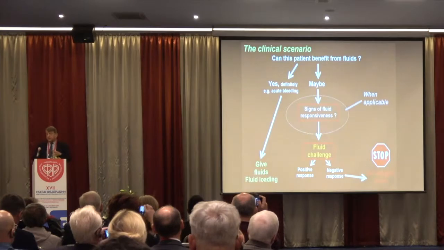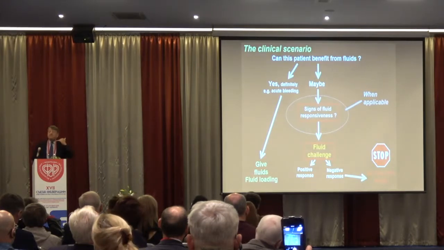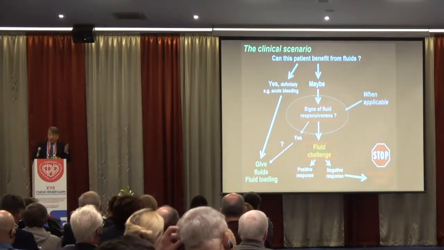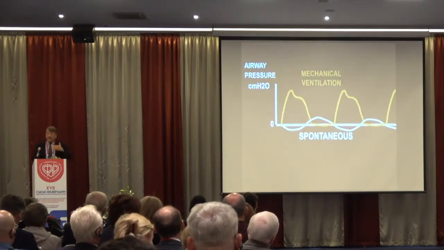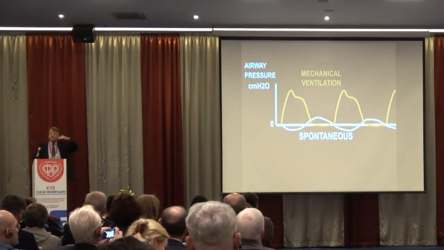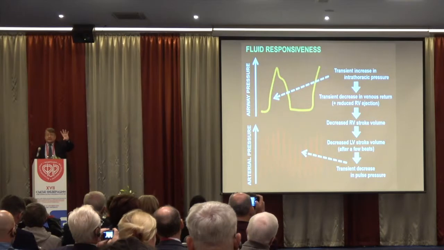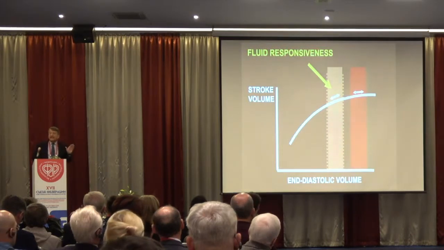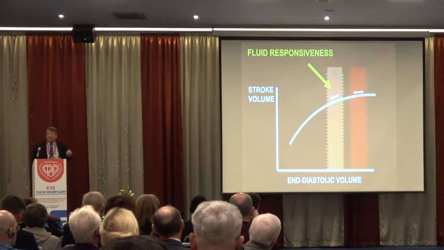You may use, in some cases, signs of fluid responsiveness before you start any fluid challenge, when it's applicable, and that is primarily in patients who are mechanically ventilated, so that there are transient changes in intrathoracic pressure that could be translated into a change in arterial pressure, indicating that the patient is still on the ascending limb of the Frank-Starling relationship.